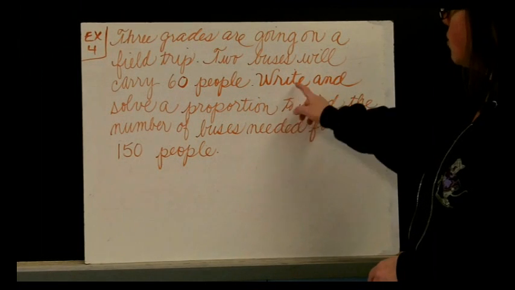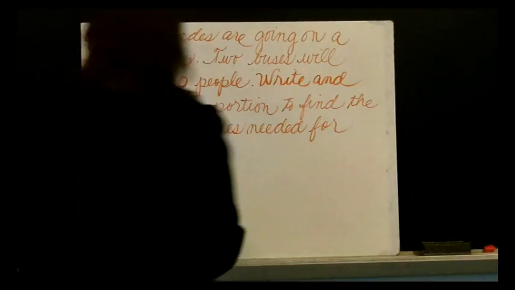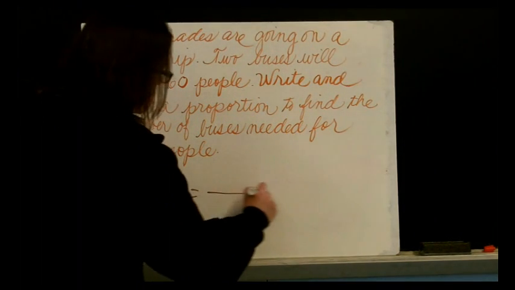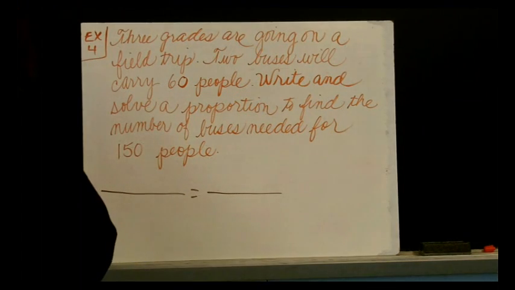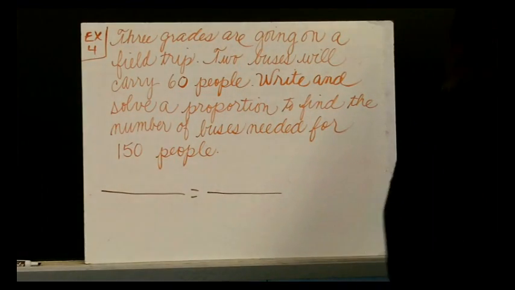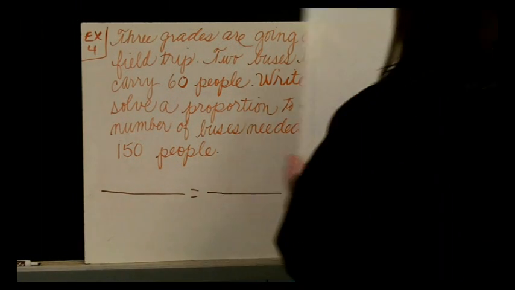Anyway, here, write and solve a proportion. When I see proportion, I know that we are going to have two equivalent fractions. We're writing a proportion, so that means that I right away open up my fraction bars, blank fraction bars. And you know what?